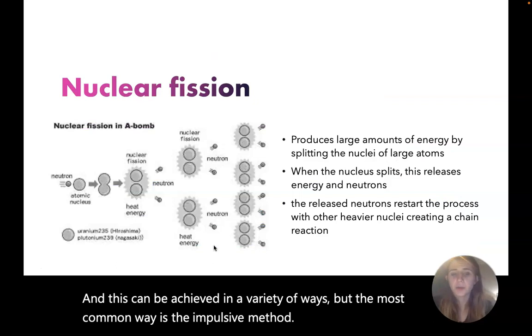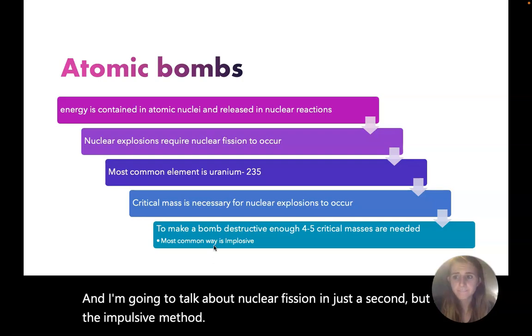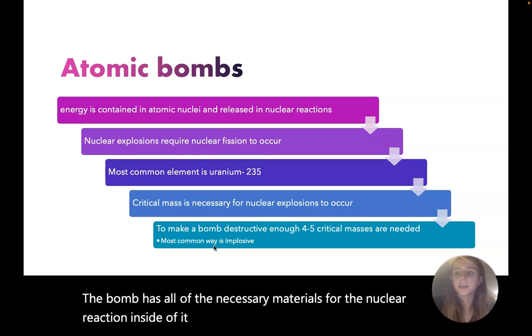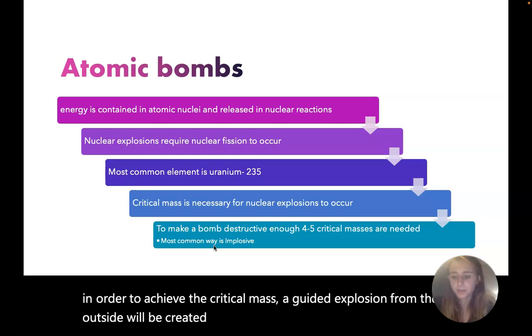I'm going to talk about nuclear fission in just a second, but in the implosive method, the bomb has all of the necessary materials for the nuclear reaction inside of it, but the critical mass has not been reached. So in order to achieve the critical mass, a guided explosion from the outside will be created.